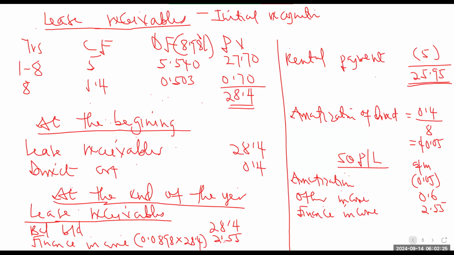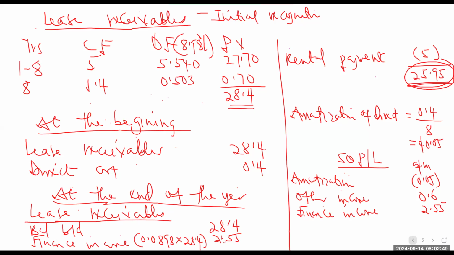If you come to the statement of financial position, the entity should show a lease receivable as a non-current asset of 25.95. That is if you cannot separate the two. But if you can separate the two, the entity should show a lease receivable as a current asset of 2.7 and a non-current asset of 25.95 minus 2.7.